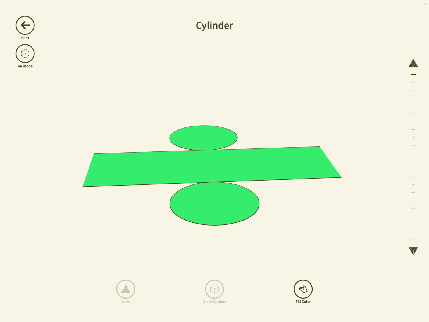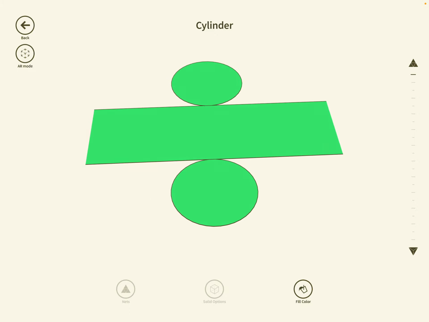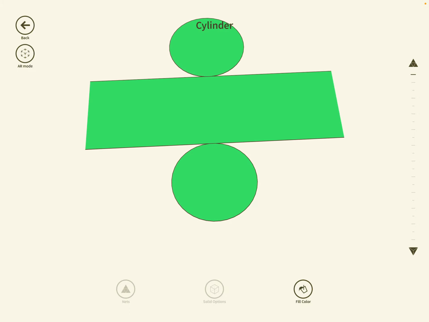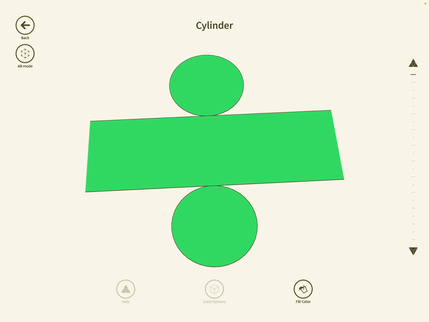When I open this cylinder up, I can see that I have two circles, the top and bottom, which on the washer were the front and back when I was looking at it. And then I've got this big rectangle in the middle. This is the part that wraps around, what we'll call the wall of the cylinder. Those are the pieces we need to think about when we're solving this problem.